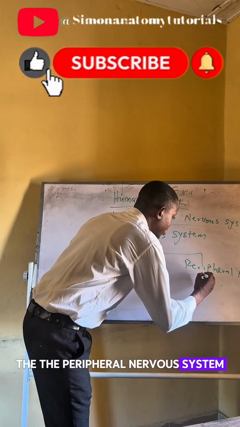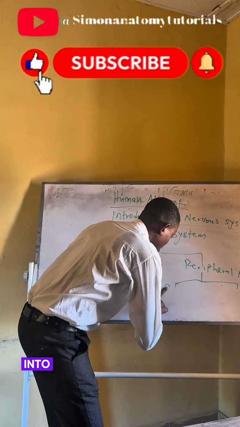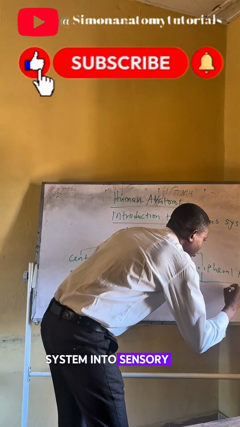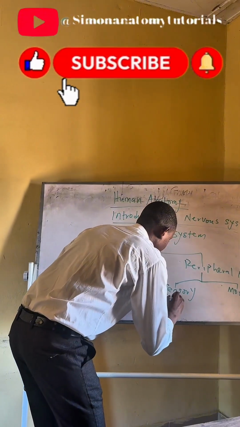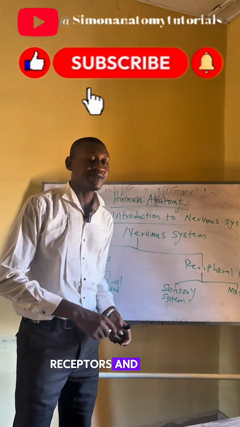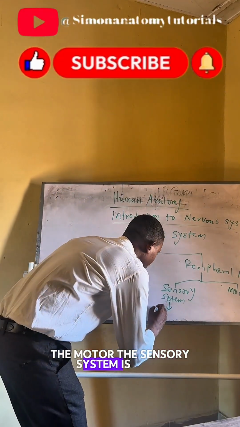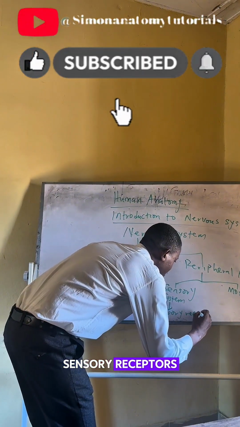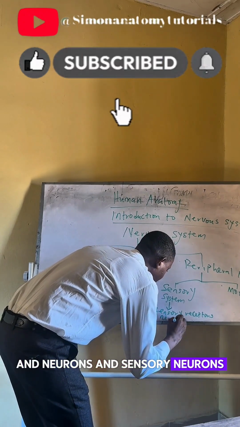The peripheral nervous system can further be divided into the sensory system and the motor system. The sensory system is made up of sensory receptors and sensory neurons.